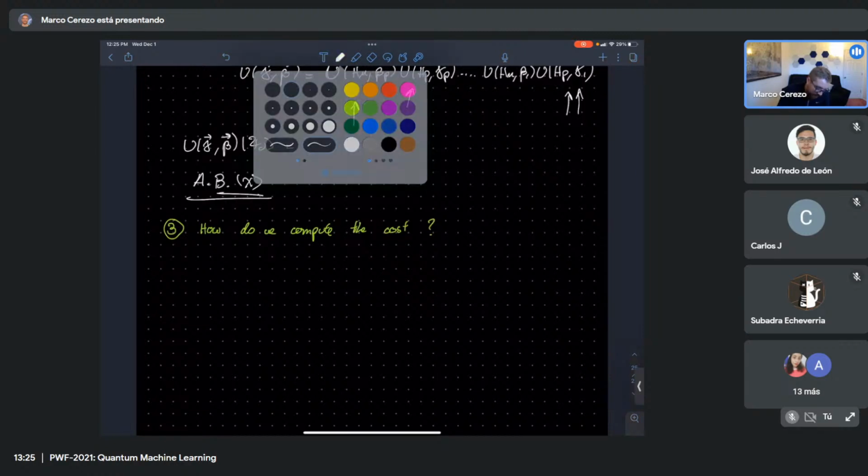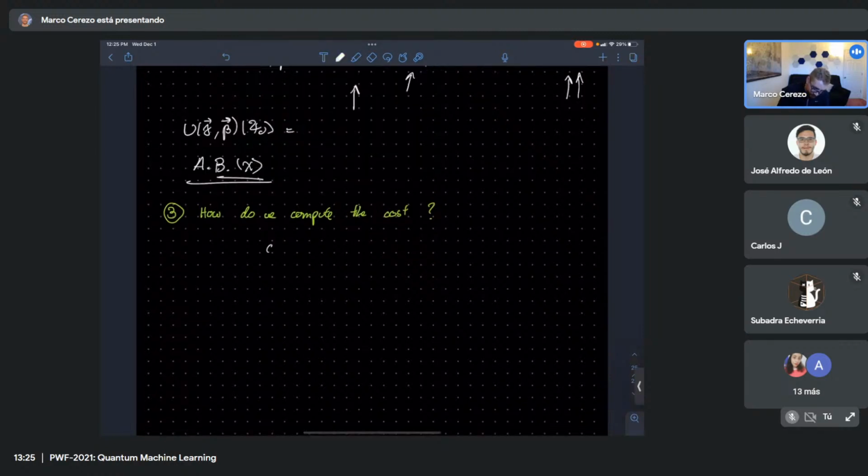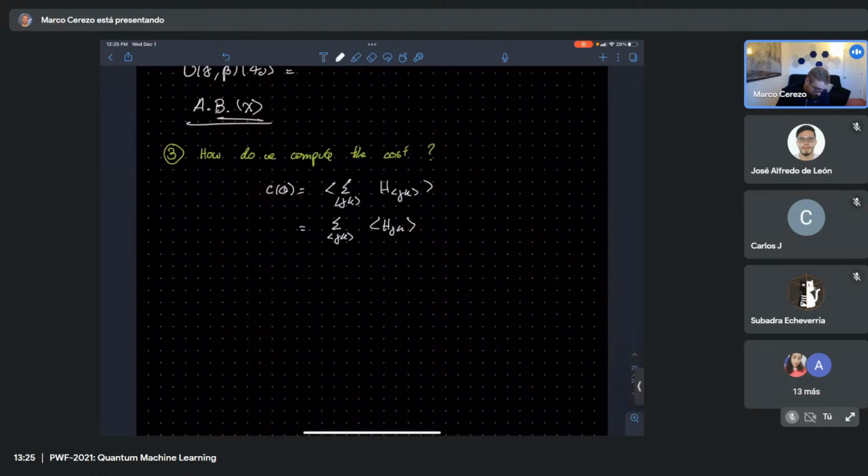So how do we actually compute the cost function? I'm going to save us some time: computing the expectation value of those H_JK. As usual, we take the summation outside of the expectation value. So essentially, we replace this by the explicit form of H_JK, which we said was 1/2 (1 minus Z_J Z_K), let's use the Z notation.